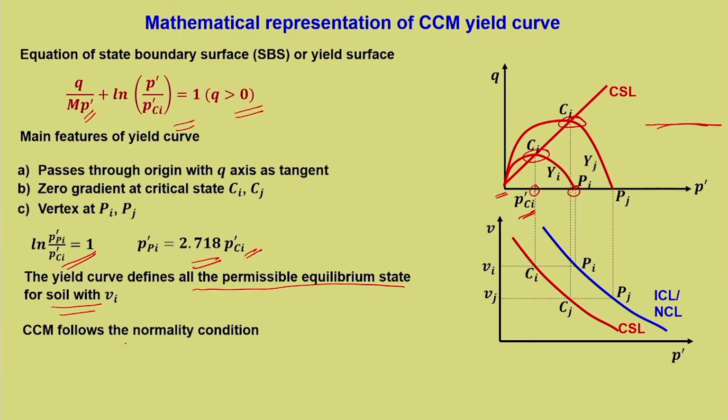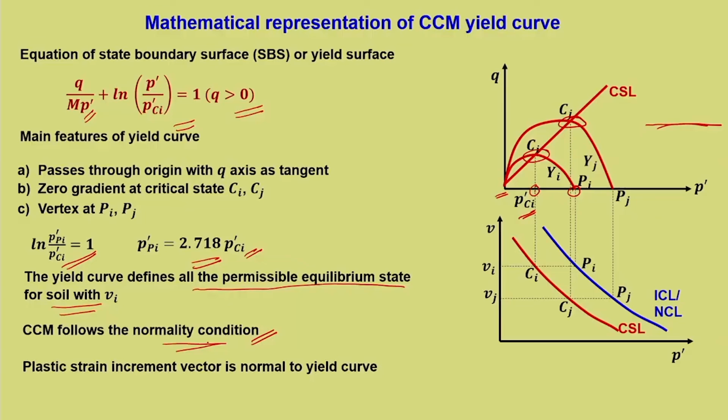Now, CCM follows the normality condition. The critical state model follows the normality condition. And what is the normality condition? Again, this has to come from the discussion of the plasticity behavior of soil. If somebody is interested to know more, I strongly advise you to go through the plasticity behavior of soil in a specific textbook, especially the textbook by Potts.